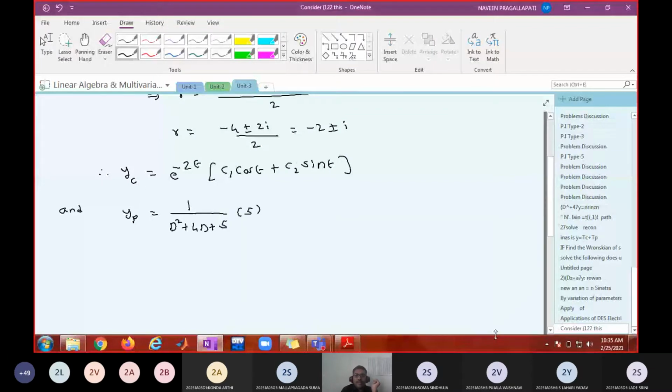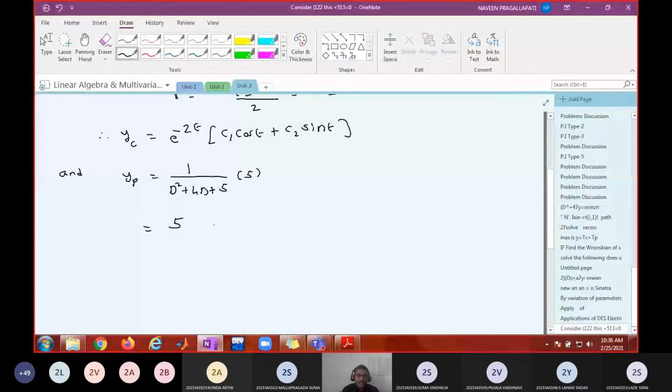Now can you tell me how to find this particular integral? Any idea? Constants can be taken out.